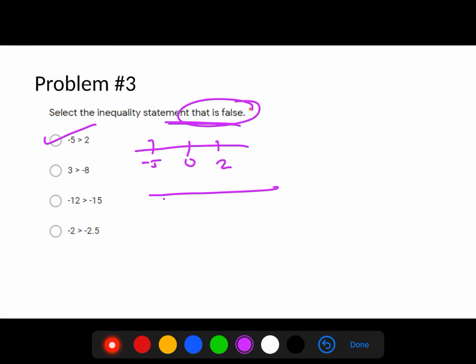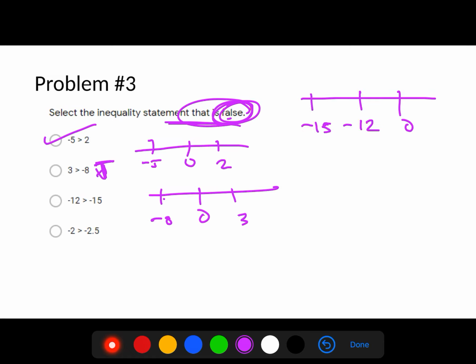3 is greater than negative 8. Again, you can just make little quick sketches. 0, 3 would be on the positive side, negative 8. Is 3 greater than negative 8? Yes, that's true, but it's saying select ones that are false, so this is not false, this is true. The next one, negative 12 is greater than negative 15. If 0 is here, negative 12 is somewhere over here, and negative 15 is after. Is negative 12 greater than negative 15?